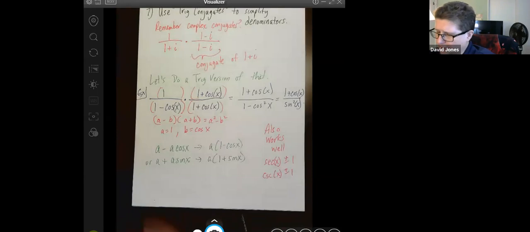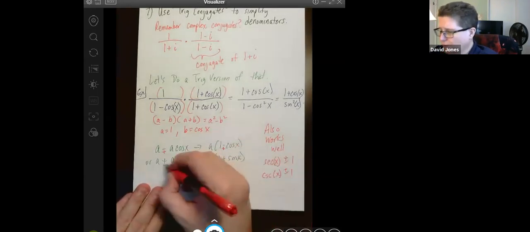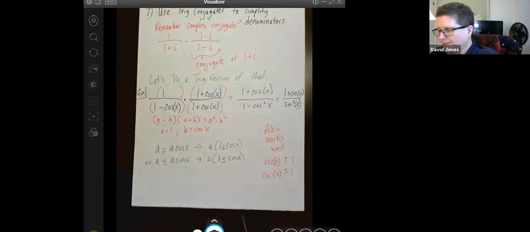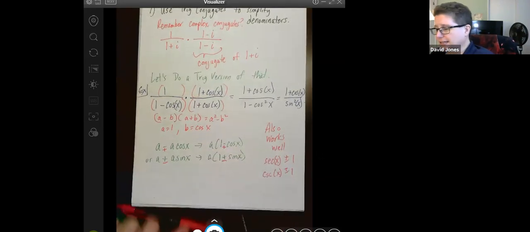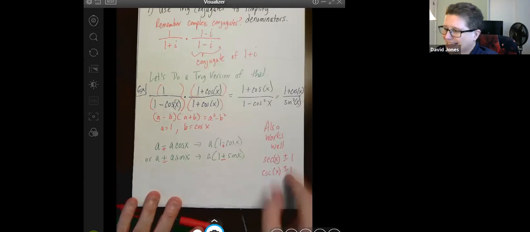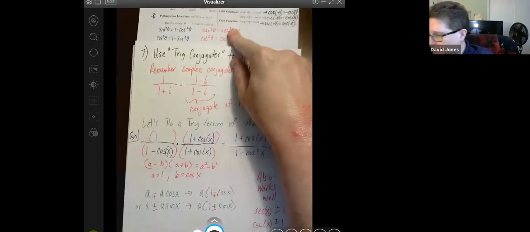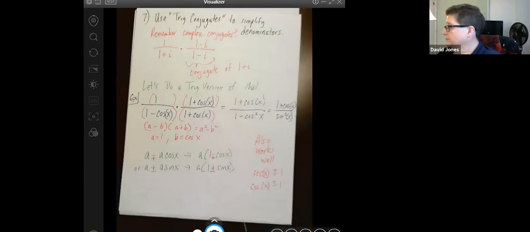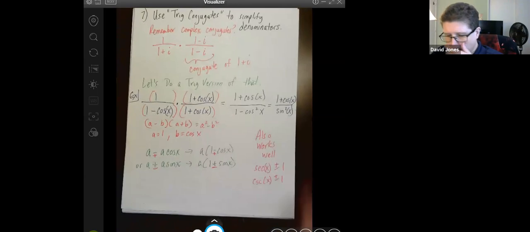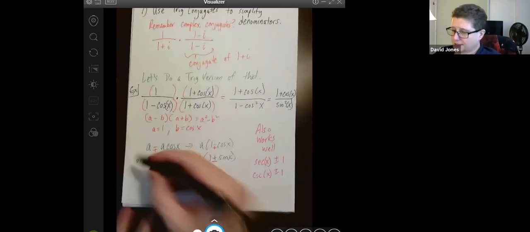In fact, this a minus a over x is a minus or plus, and having the sine x or cosine x as the latter half, or the secant x, cosecant x as the first half, with a plus or minus 1, gets you to those other Pythagorean identities that we have up here. Okay? All right. So those are your options.